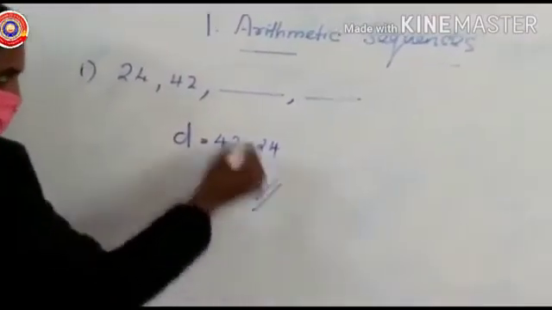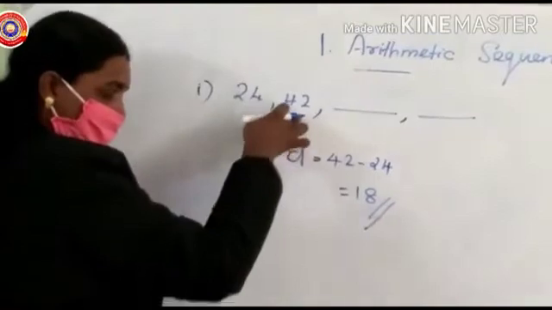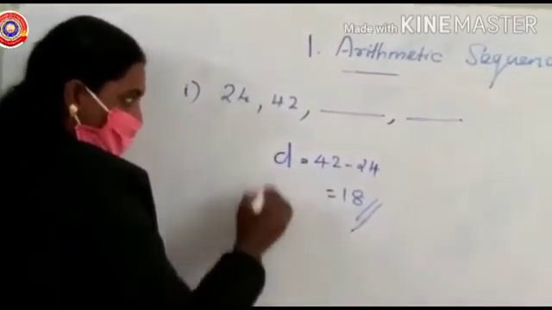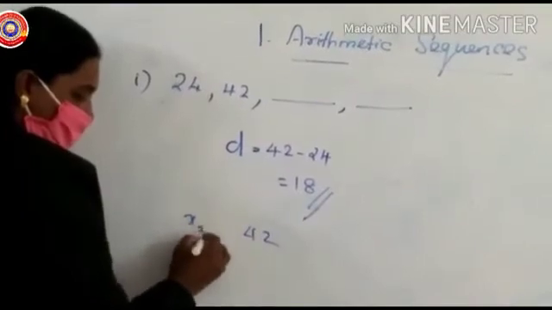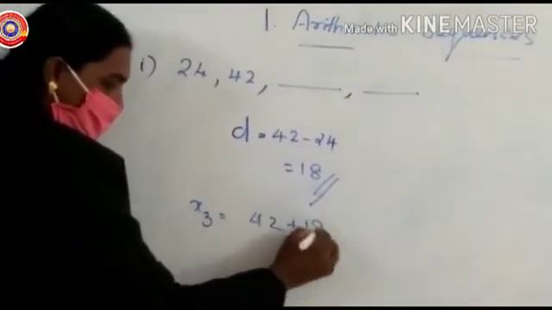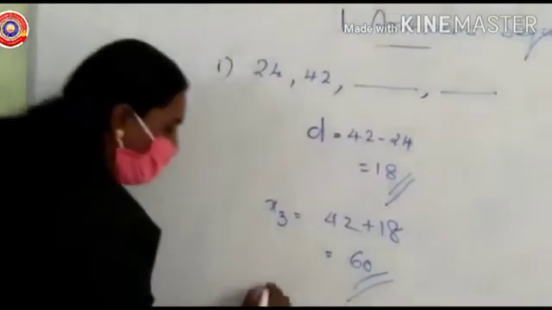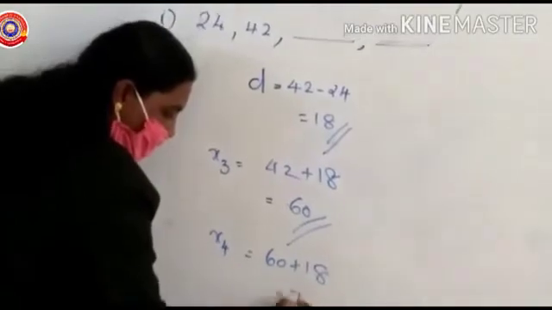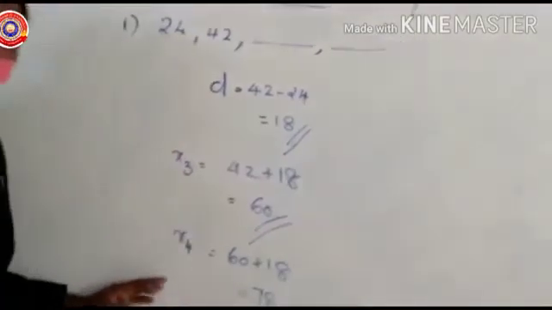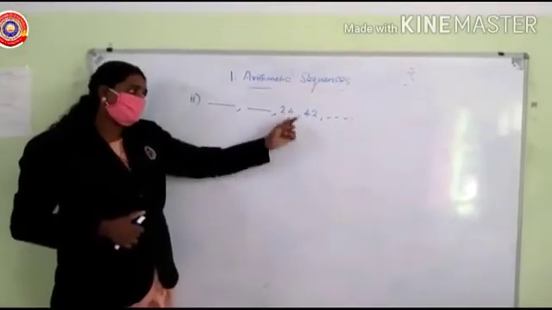That means 42 minus 24, it is equal to 18. So next we have to find its third term. Third term we can represent by x3. x3 equal to second term plus common difference, that is 42 plus 18, 60. Next fourth term equal to third term plus common difference, that is 60 plus 18 equal to 78.